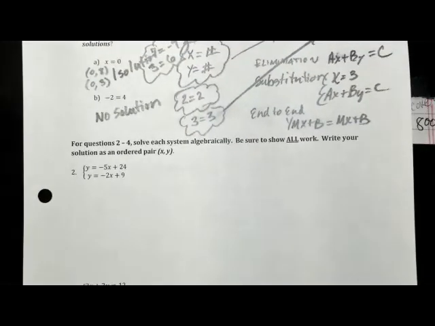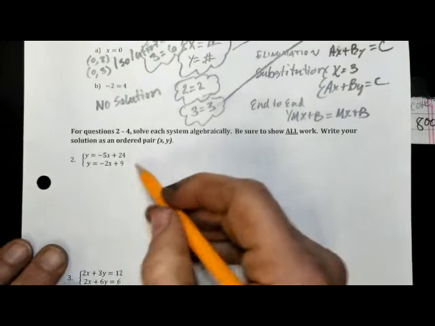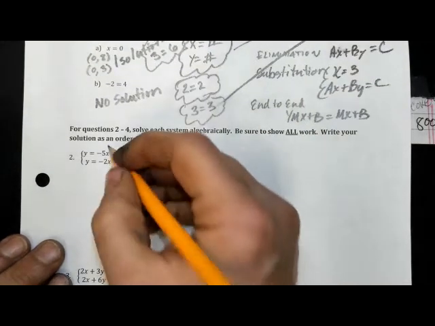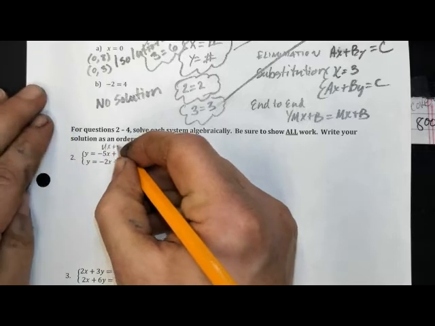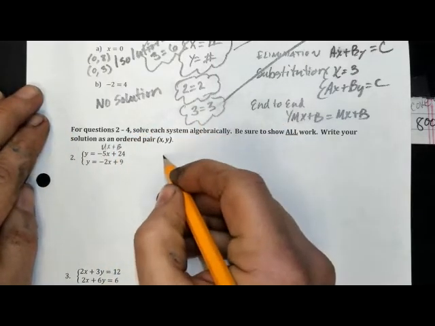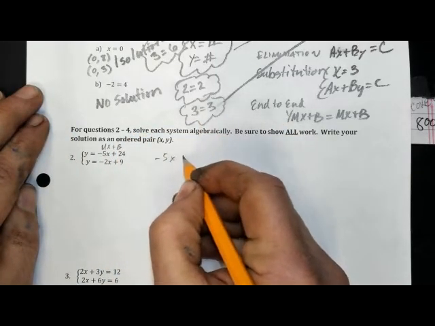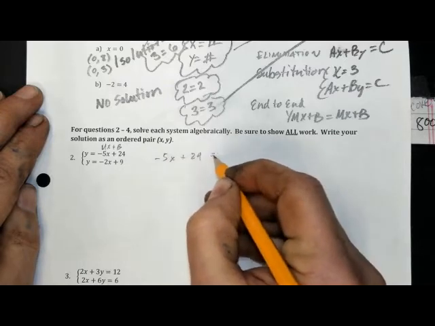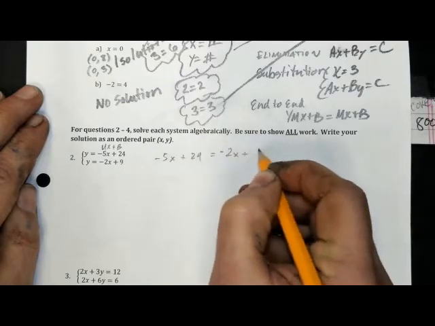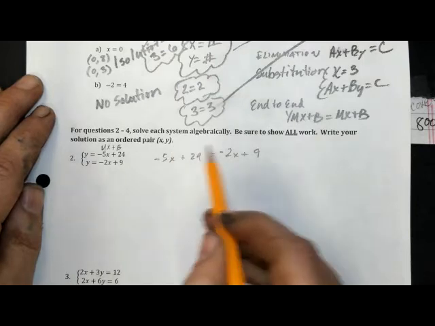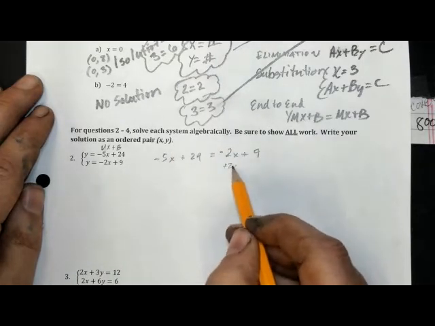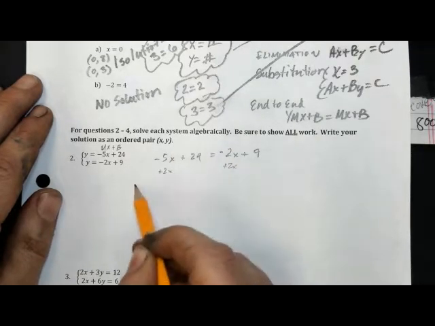Okay, let's get into question 2 through 4. Solve algebraically. Hey, these are both in slope-intercept, or what we like to call mx plus b. So we'll set them end to end. We're going to combine like terms, starting with moving 2x over.